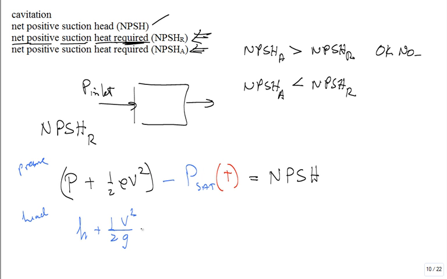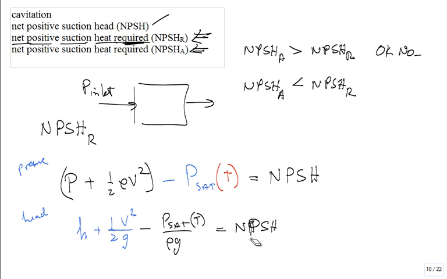Now if I do it this way, I have negative P sat divided by rho g, it's a function of temperature, I should emphasize that, is equal to the net positive suction head. This one's in feet or actual, what most people would call head. So it just needs to be positive. Well, no, it needs to be positive greater than the manufacturer's minimum to avoid cavitation. Yeah, that's a trick right there.